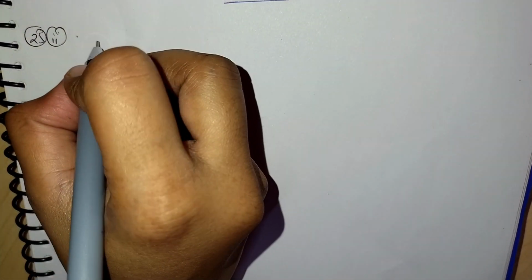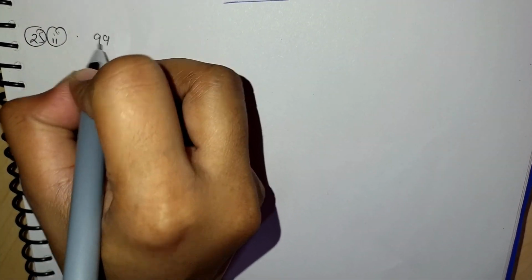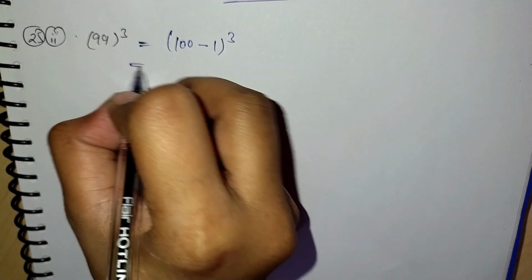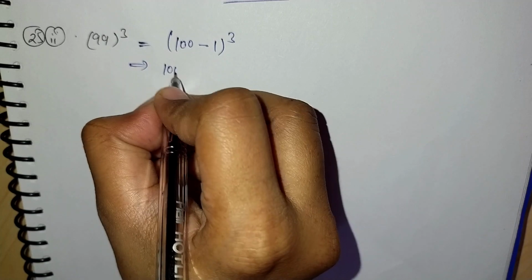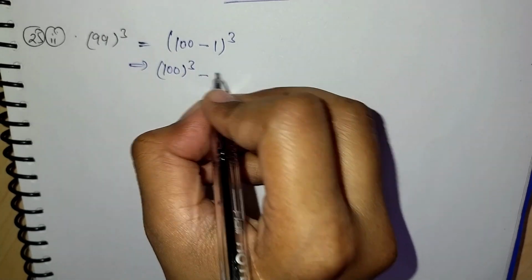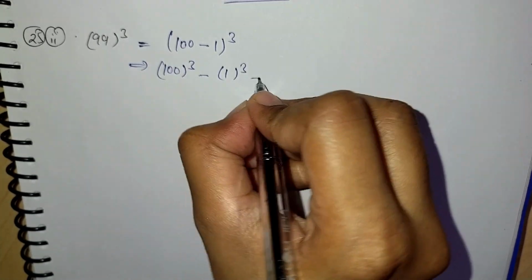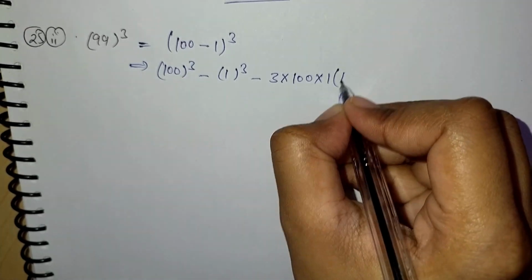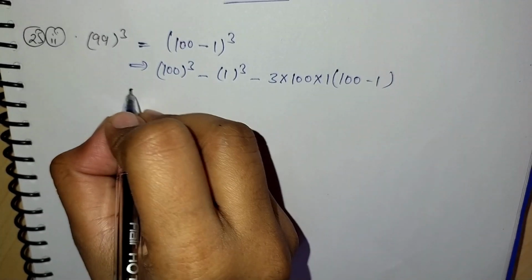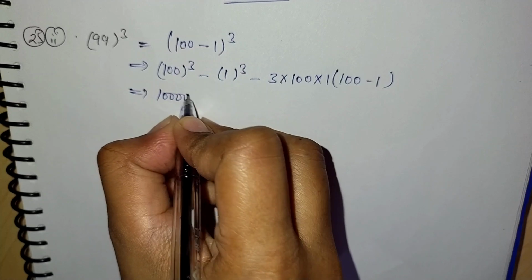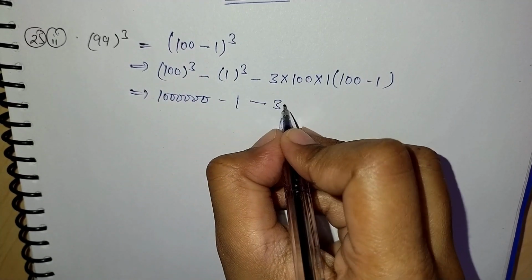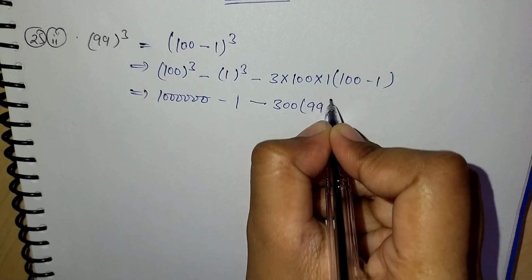The 25th second part is 99 whole cube equal to (100 minus 1) whole cube. Here on solving we will get 100 whole cube minus 1 whole cube minus 3 into 100 into 1, into (100 minus 1), equal to 1000000 minus 1 minus 300 into 99.